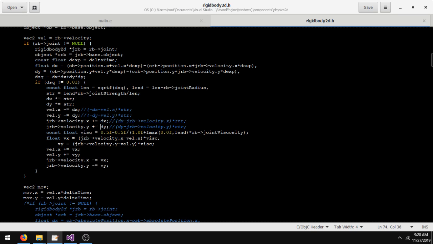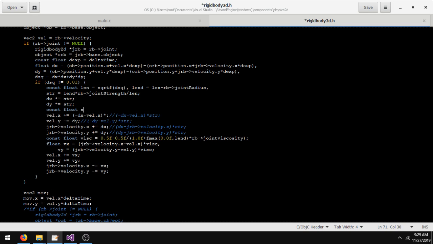Alright, I can still try doing the difference of the velocity. So LA is going to be lerp amount, because that's what this is lerping.